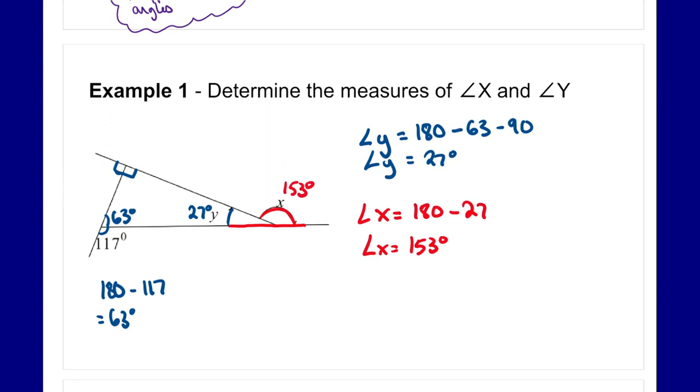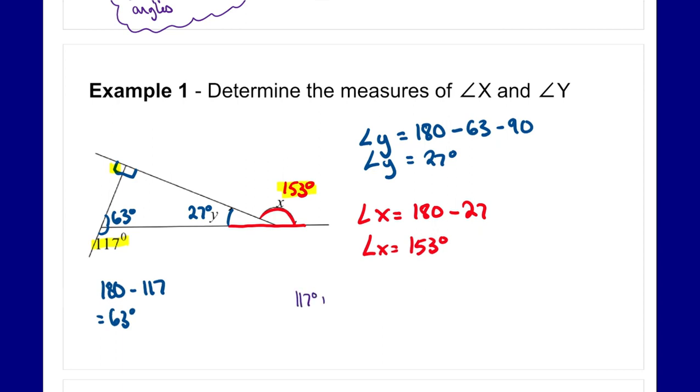Now, do we notice anything about the exterior angles? So this is an example where we're given the exterior angles of a triangle. Right, so all the exterior angles are given. Do we notice anything about them? If we take a look at them, 117, 153, 90, we should see that they add up to 360 degrees.